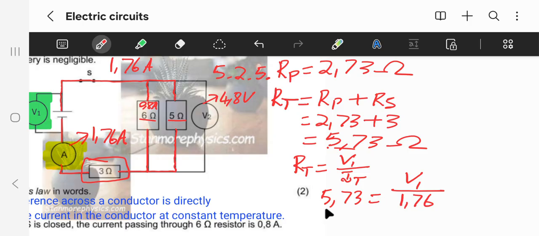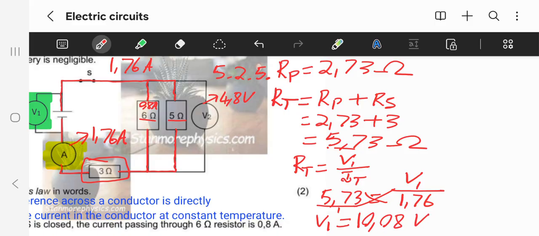Then I will just cross multiply there. V1 times 1 gives me V1, equal to 5.73 multiplied by 1.76, and the answer I get here is going to be 10.08 volts, when I round off to 2 decimal places.